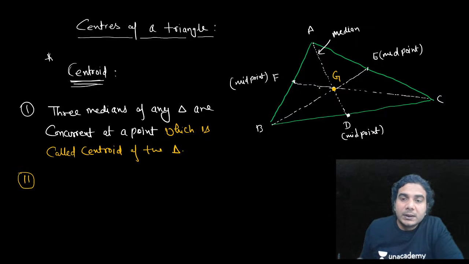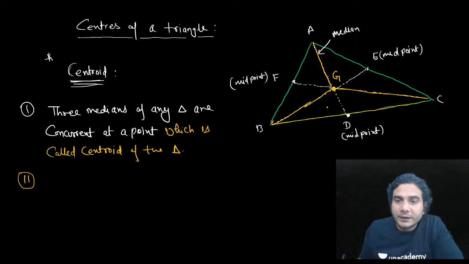The second point is that centroid subtends three triangles. With centroid and three vertices, you can form three triangles. One triangle is GCB, another triangle is GAC, and the third triangle is GAB.